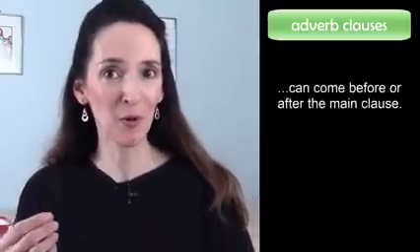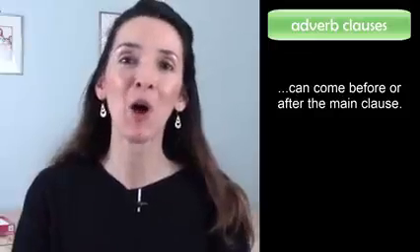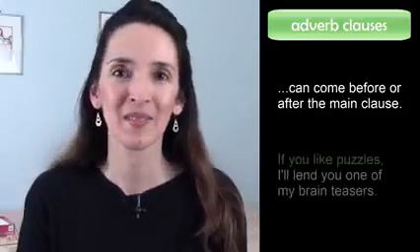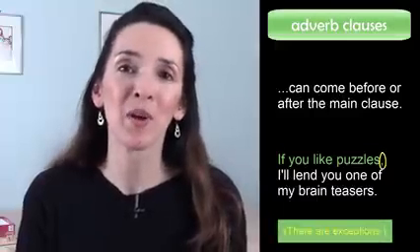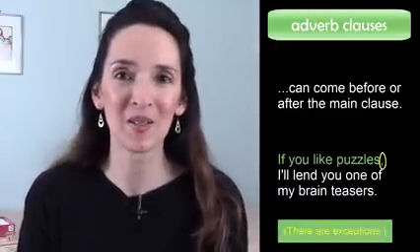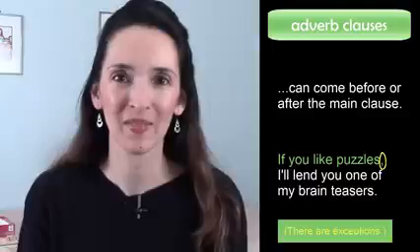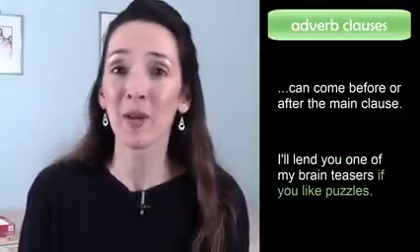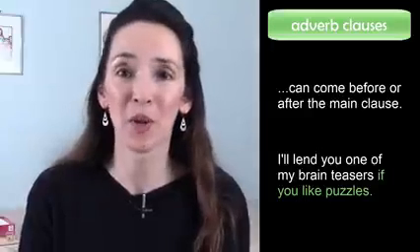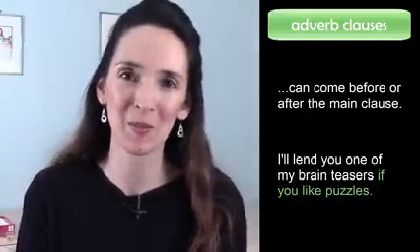They can come before or after the main clause. If the adverb clause is first, we use a comma to separate the two clauses. If the adverb clause is second, we usually write the sentence without a comma between the two clauses.